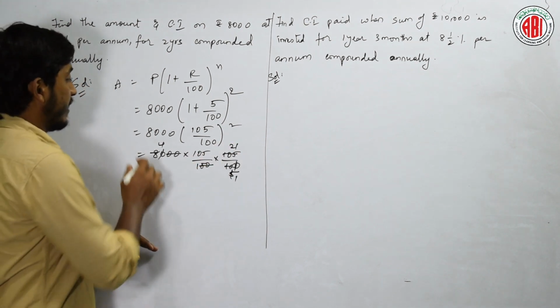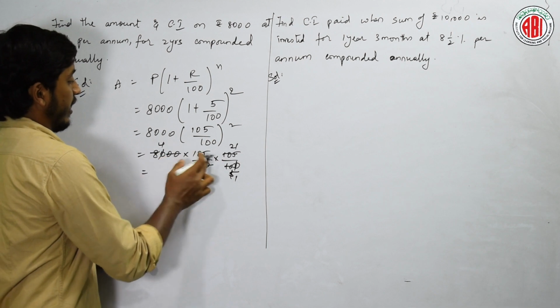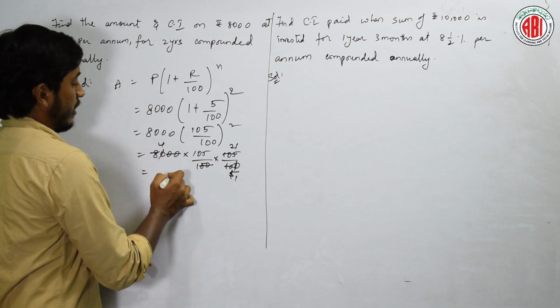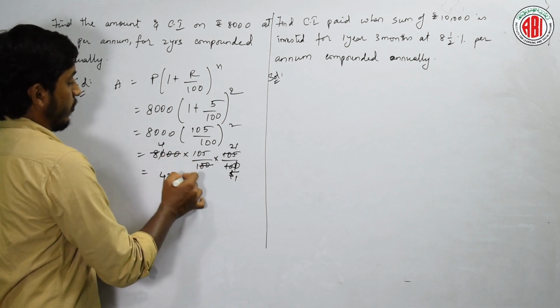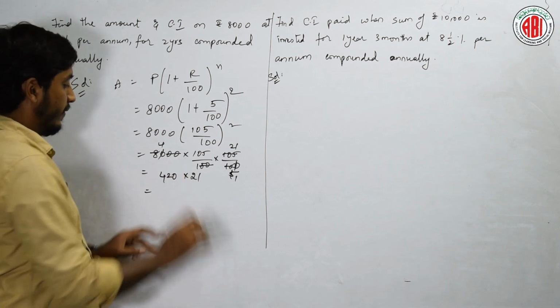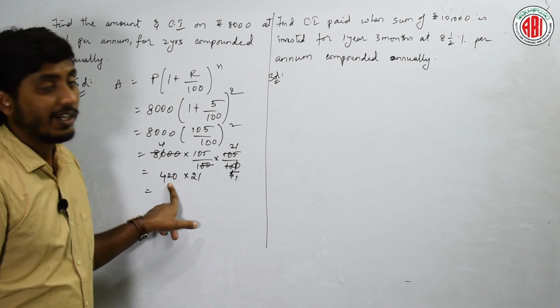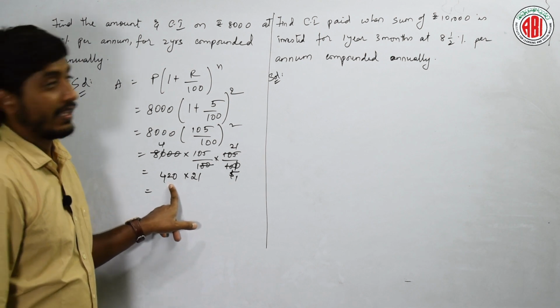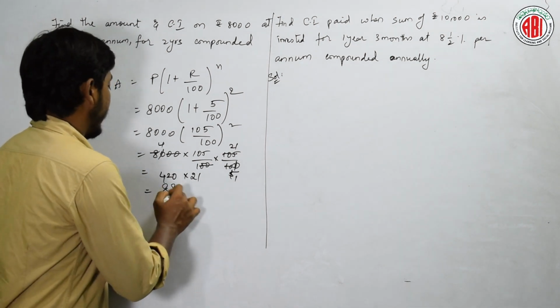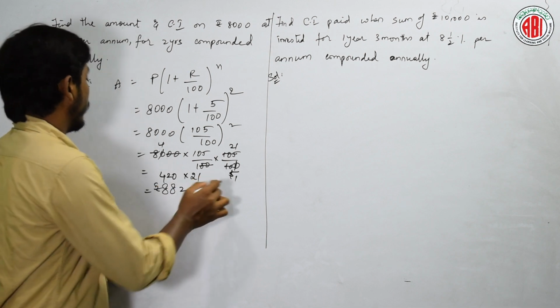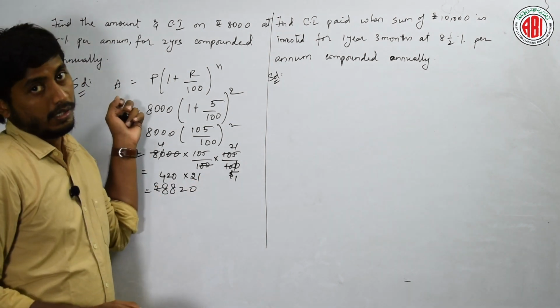Clear? How much will it be? 4 5s are 20, 4 1s are 4, 420 into 21. Tell me what is the answer? 21 into 21 into 2, okay. That is nothing but 8820. This is the amount.